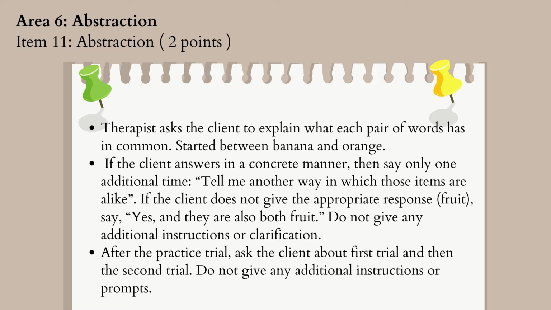If the client answers in a concrete manner, then say only one additional time, which is, tell me another way in which those items are alike. And if the client does not give the appropriate response, which is fruit, then say yes, and they are also both fruit. The therapist does not give any additional instruction or clarification.